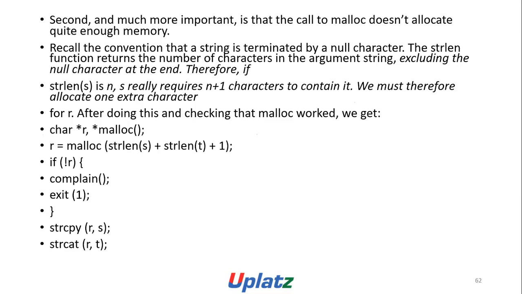Second, and much more important, the call to malloc does not allocate quite enough memory. Recall the convention that a string is terminated by a null character. The strlen function returns the number of characters in the argument string, excluding the null character at the end. Therefore, if strlen(s) is n, s really requires n plus 1 characters to contain it.